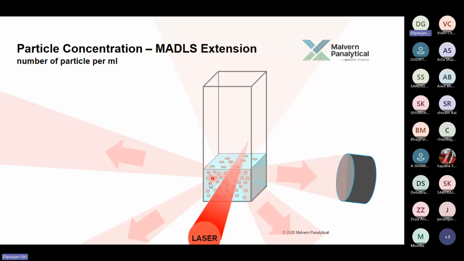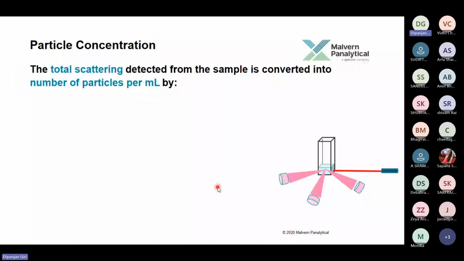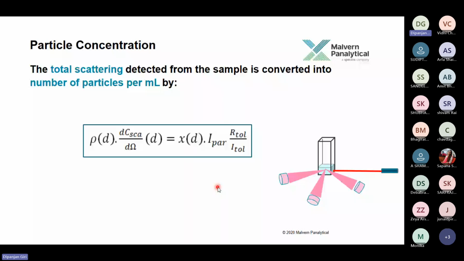If you shine the laser on a particle, the particle will scatter in all directions, right? But the measurements we are actually taking are in a few particular directions. It is a defined one, and this is the equation for how they calculate the concentration of the particles, that is, particles per unit volume.